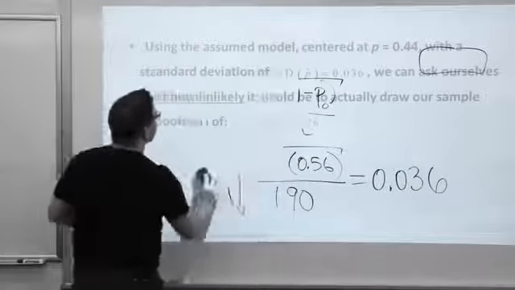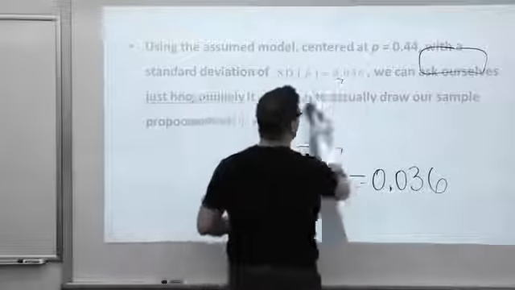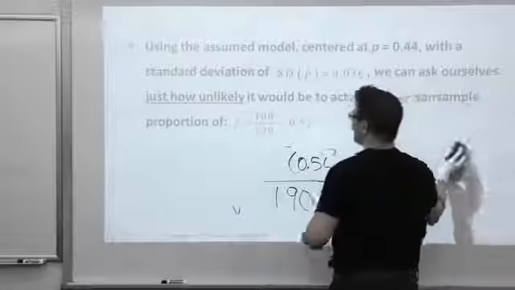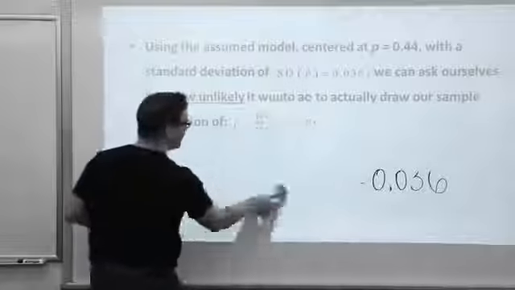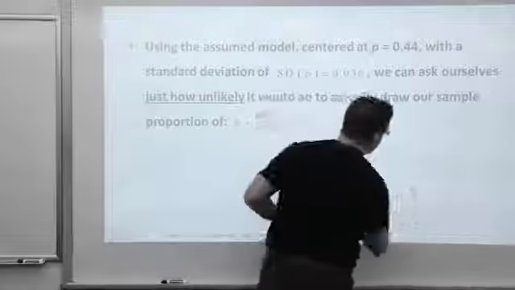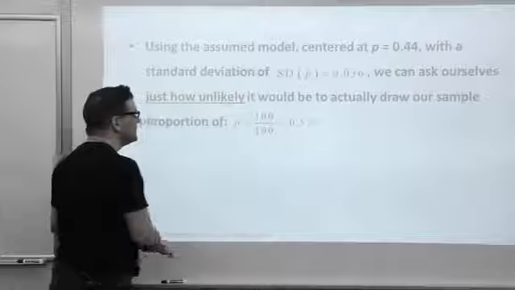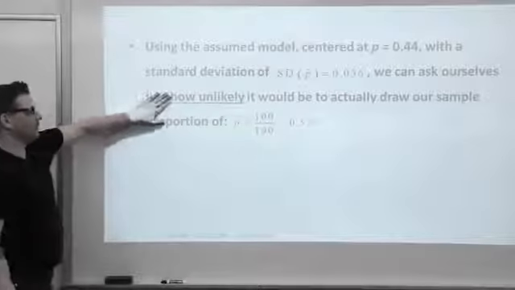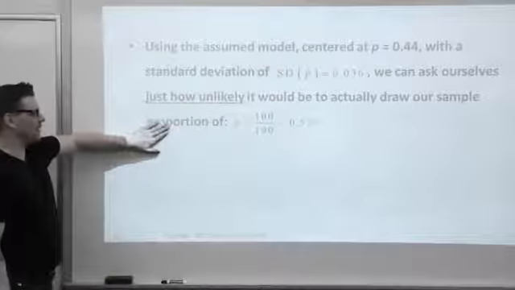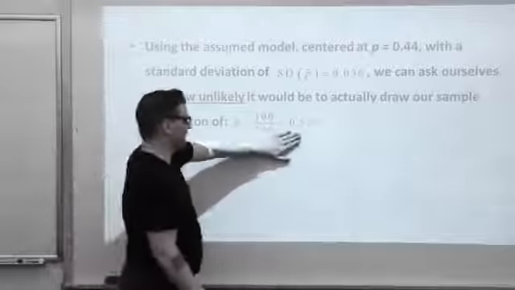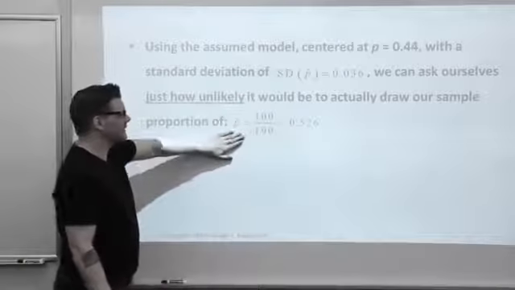Next bullet points. Using the assumed model, the one centered at 0.44, with a standard deviation of 0.036, we can ask ourselves, just how unlikely would it be to actually draw our sample proportion of p-hat, 0.526? Right?